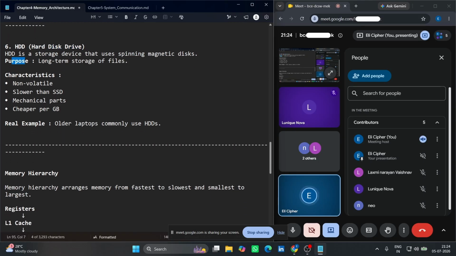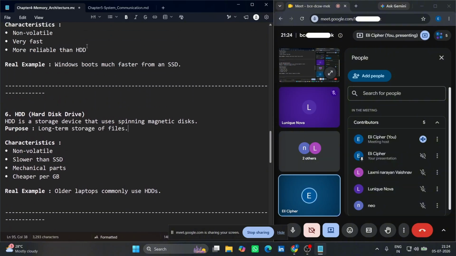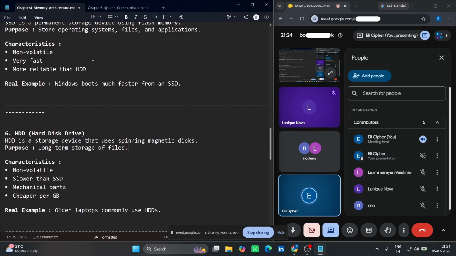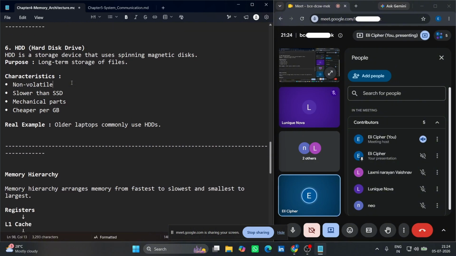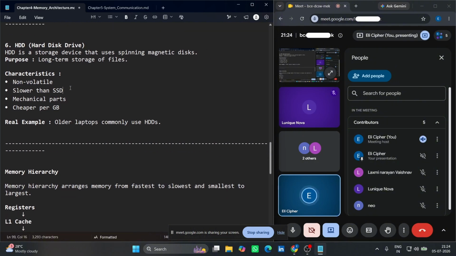What is the purpose of it? Its purpose is long-term storage of files, right? Same like that, it can also store files for a long term. It is non-volatile, means it stores data for a long time and will not erase if we shut down our machine or our system, right? It is slower than SSD. It has a mechanical part and is cheaper per GB.